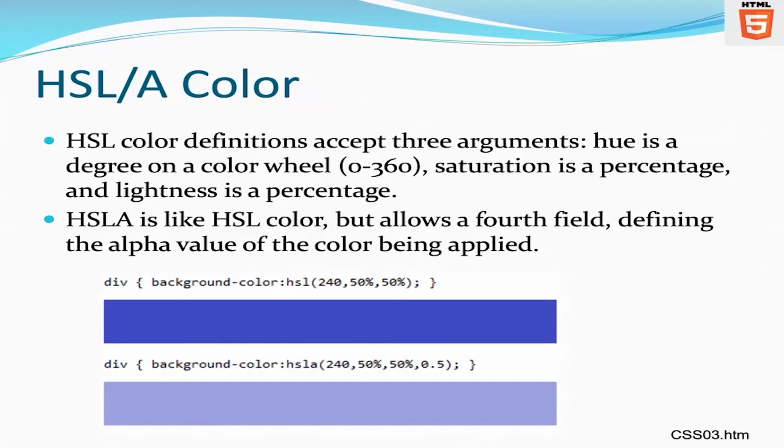This is extremely popular with graphic designers. They prefer employing this HSL terminology. HSL is an acronym that stands for hue. Hue is a value on a color wheel ranging between 0 and 360. Saturation, a percentage, indicates how vivid the color should be. And L represents lightness, which again is a percentage.